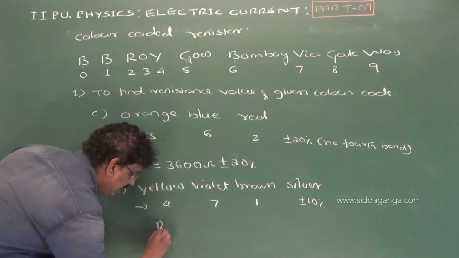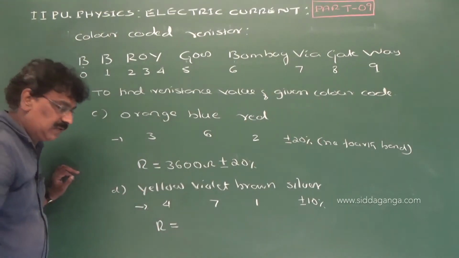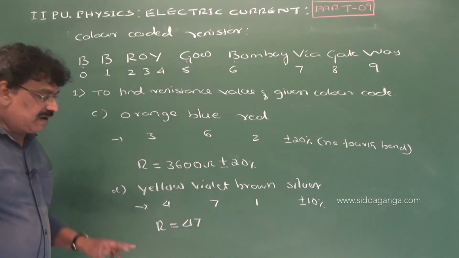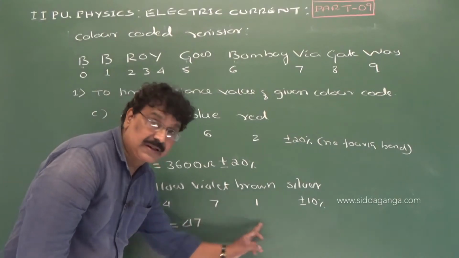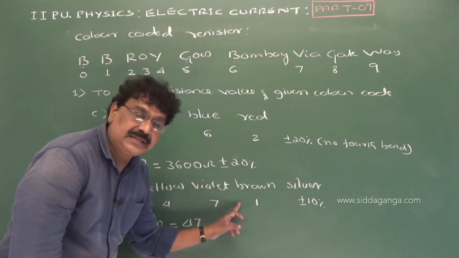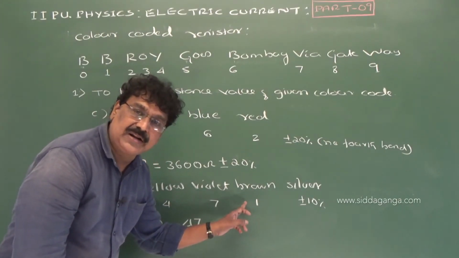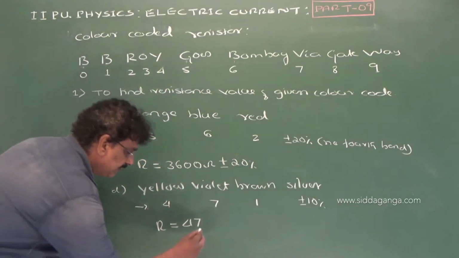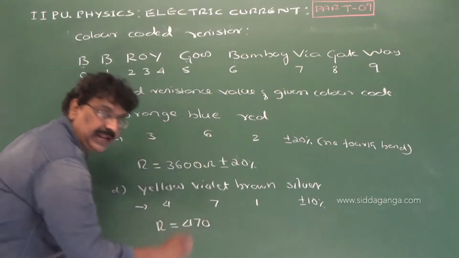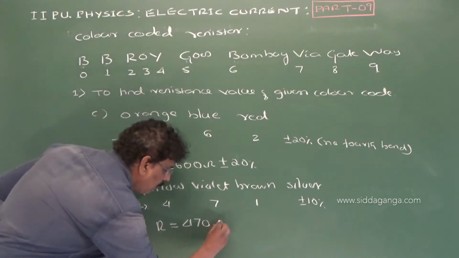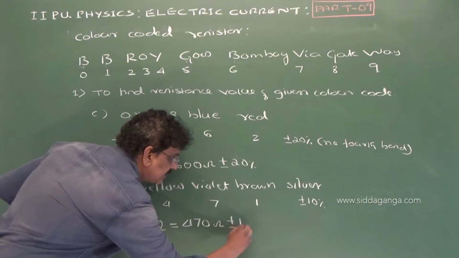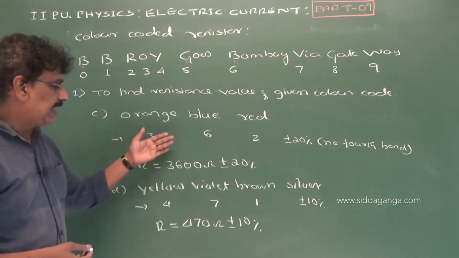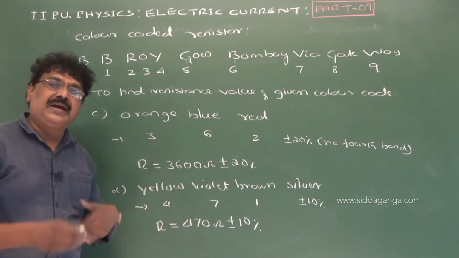Now the resistance value comes out to be R is equal to 4, 7, third one, that is 1. That means 1 zero, right, has to be added after 47. Now this is 470 ohm plus or minus 10%. This is how we can decode that one, right?